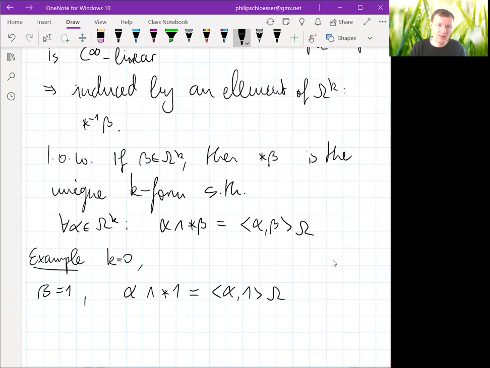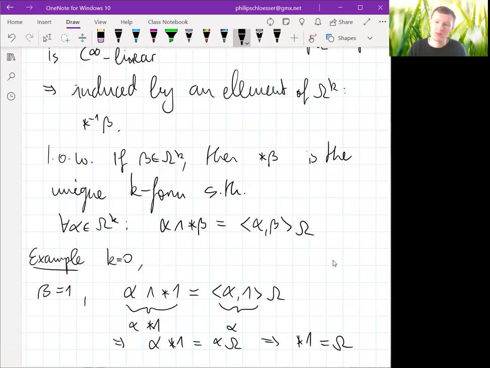Now, since this is a 0 form and this is an n form, this is just the product. And since those are 0 forms, this is also just the product, which means that alpha times star 1 is alpha times omega, or star 1 is omega.